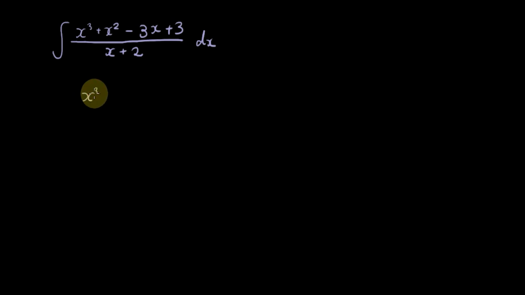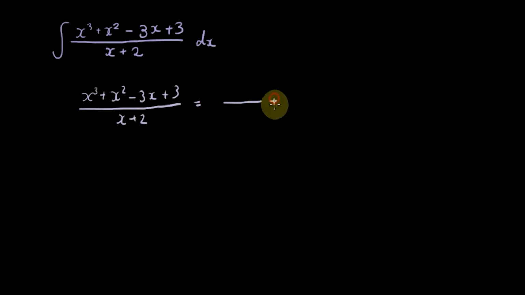If we want to separate it using the method that we used in our previous video, where we separate it into two fractions with the same denominator, let's say we have x plus 2 here, x plus 2 here, and we try to make the first fraction x plus 2, and then we think of what we would add to give us this original fraction.